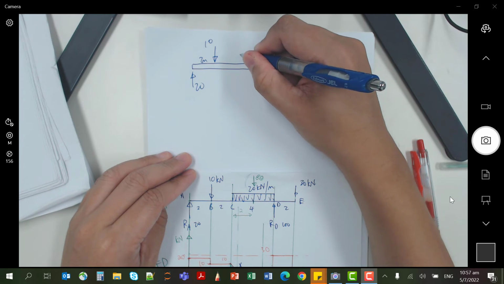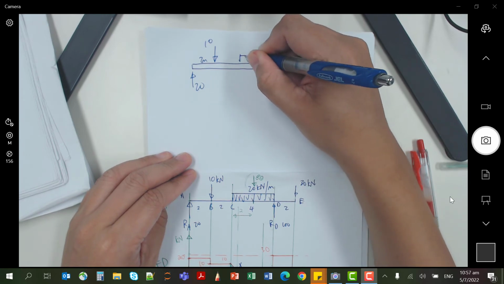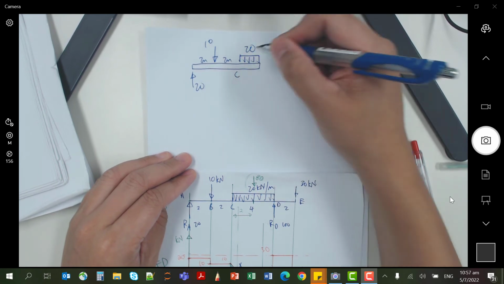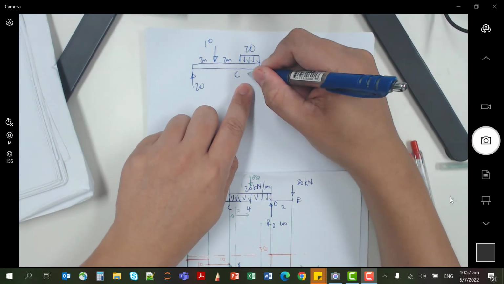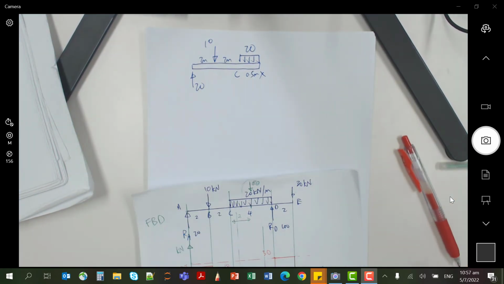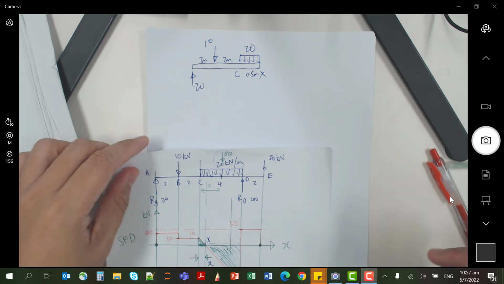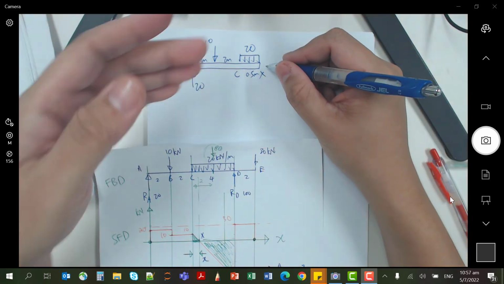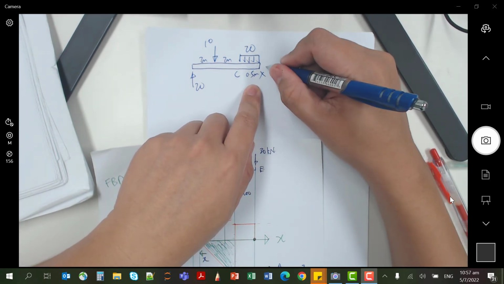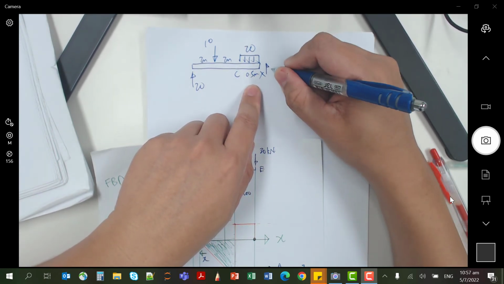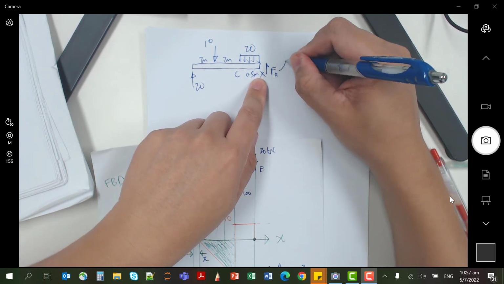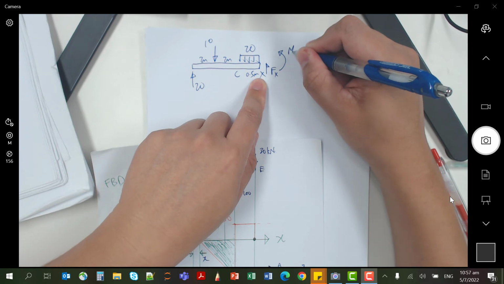At C, this is 20. This is C, 2 meters, and you know x is 0.5 meter, which you found just now. When you cut a beam somewhere, it is going to reveal an unknown shear force, let's call this Fx, and an unknown moment.